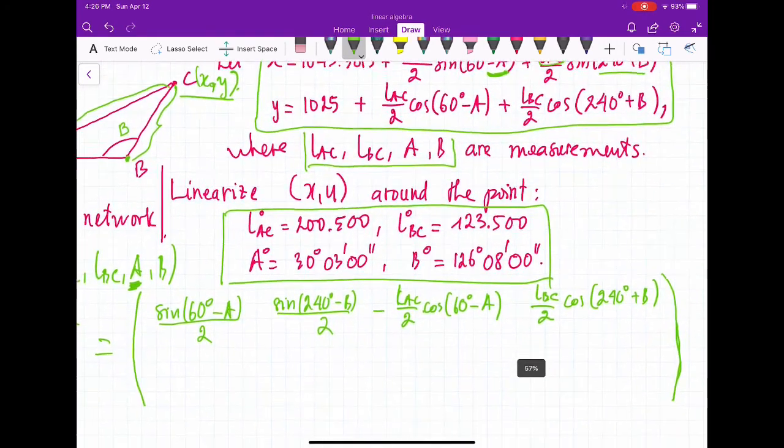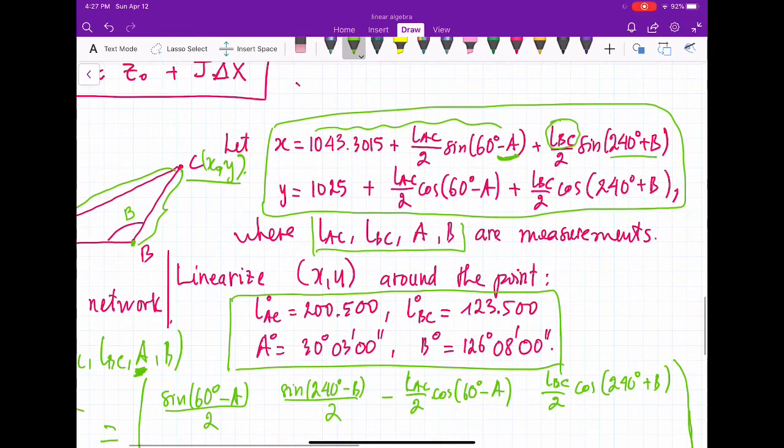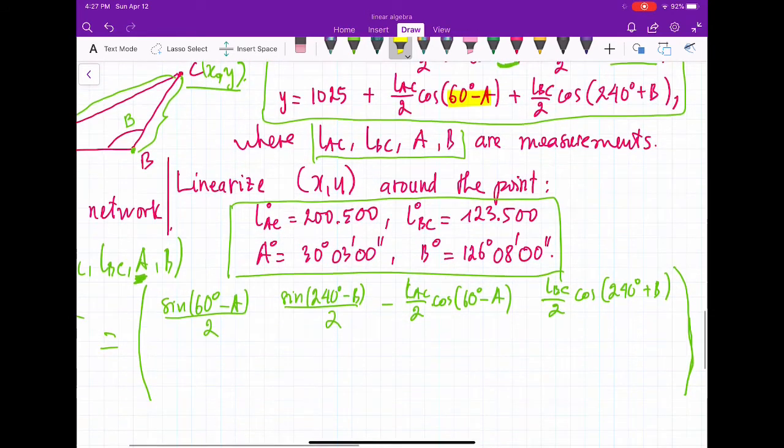Makes sense? And now we will find the partial derivative of the function y with respect to LAC, LBC, A, and B again. So I have the derivative of cosine is negative sine, right? I have negative sine, but again I have to differentiate this part. You see, 60 minus A. So this gives me, oh no, we are differentiating with respect to LAC.